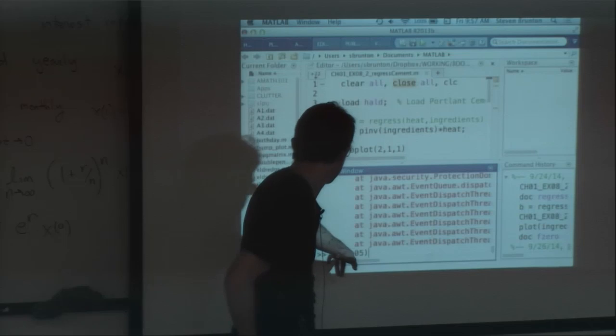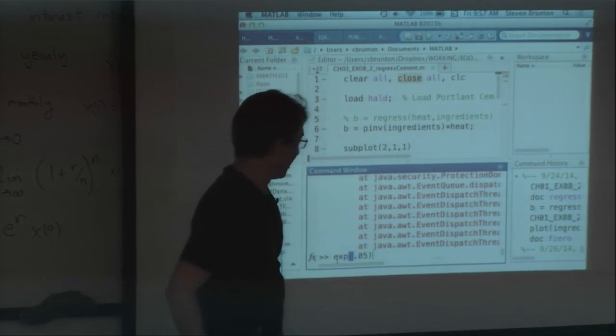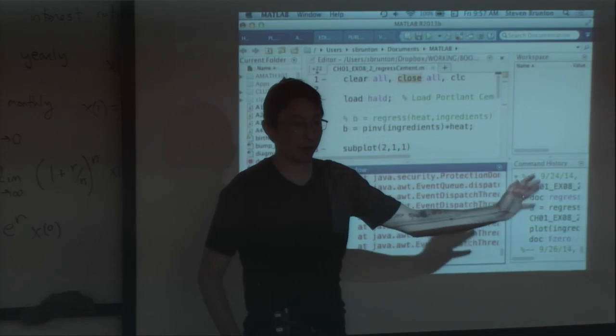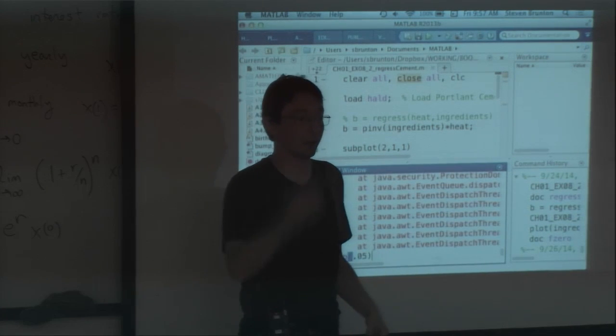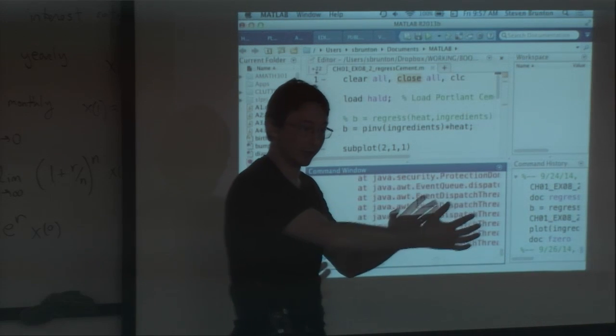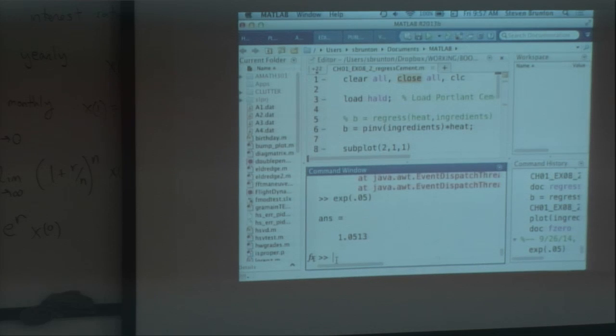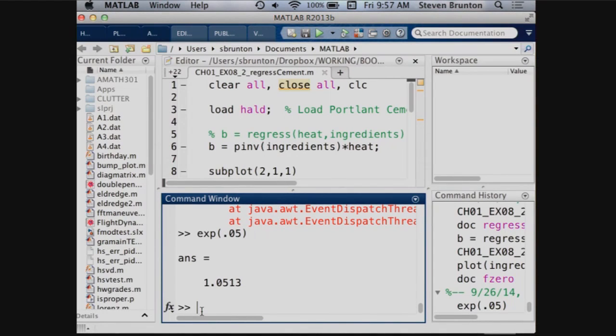Well, e to the something small should be close to 1. Now, it should be about 1 plus 0.05, right? Because if I compounded yearly, it would just be 1 plus 5%. But I'm compounding continuously, so it should be a little bit more than 5%. And I get 1.0513.